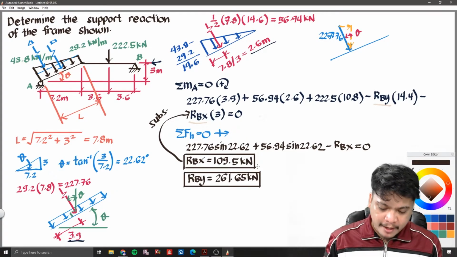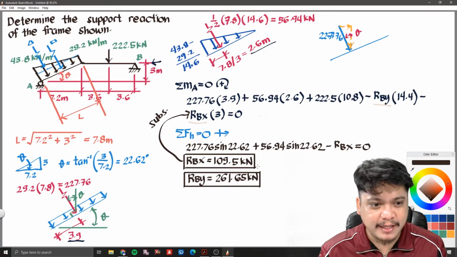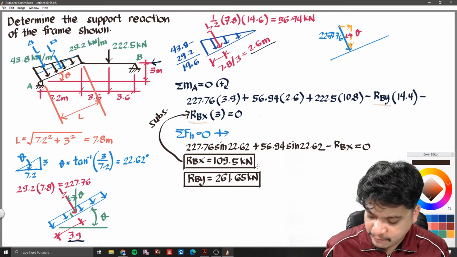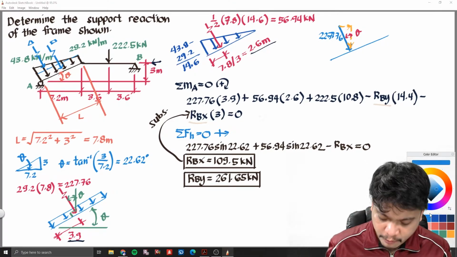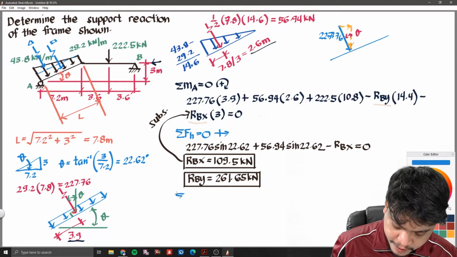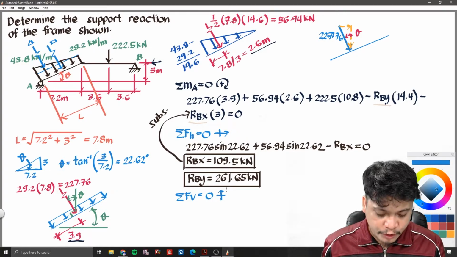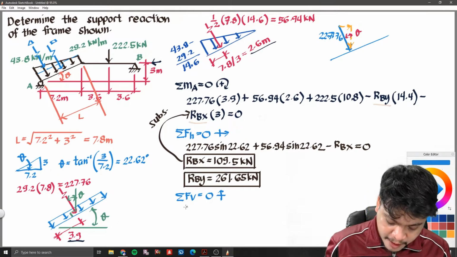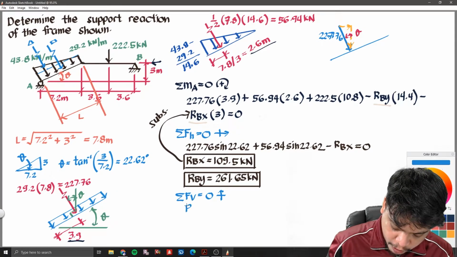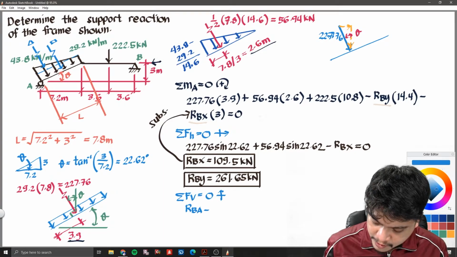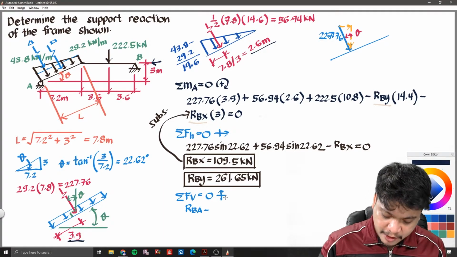Alright? And then lastly, since nagamit na natin si moment, nagamit na natin si horizontal, we may take it now as summation forces, and this time that is vertical equal to 0. Okay? So, meron akong RBA, so I will be having yung unknown ko, so that's RBA. Okay? And then minus, okay, pagsamahin ko na yung dalawa, no?